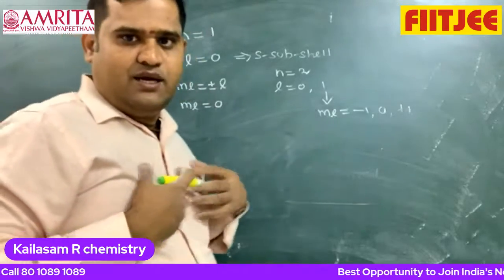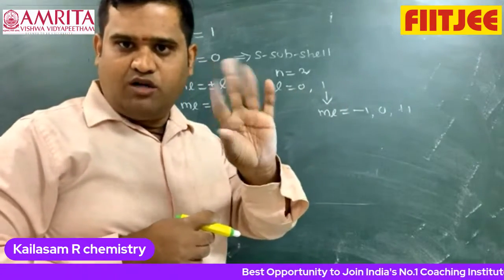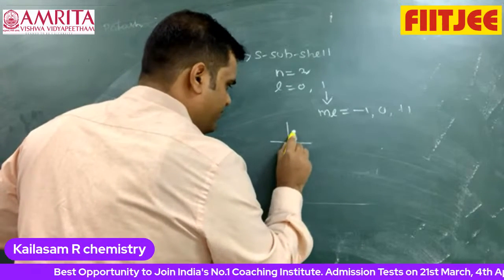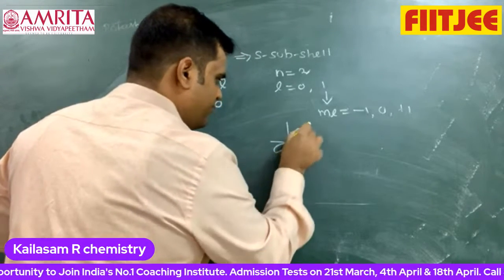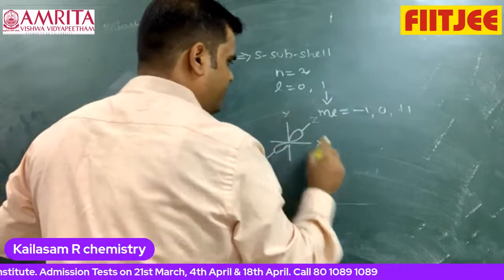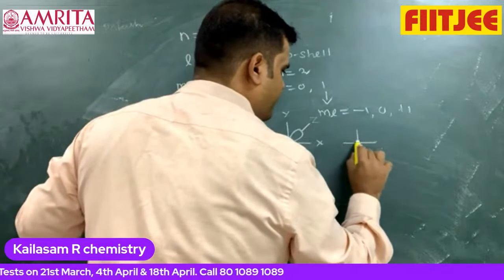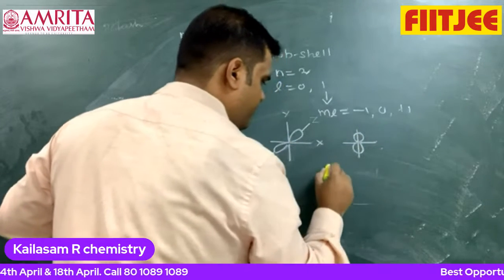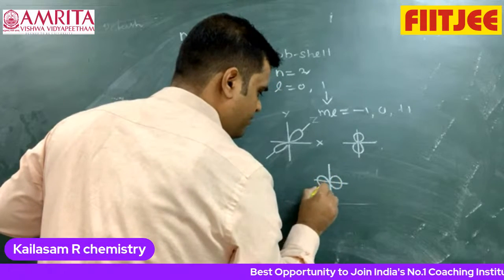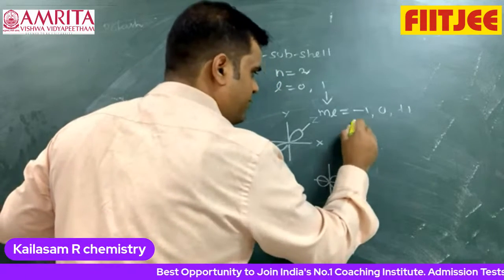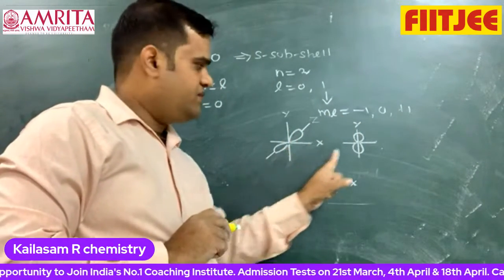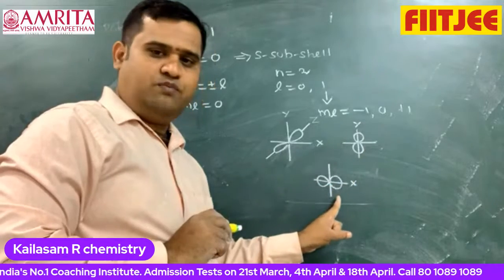So I can say that the p subshell has 3 orbitals. This is pz orbital, this is py orbital, this is px orbital.